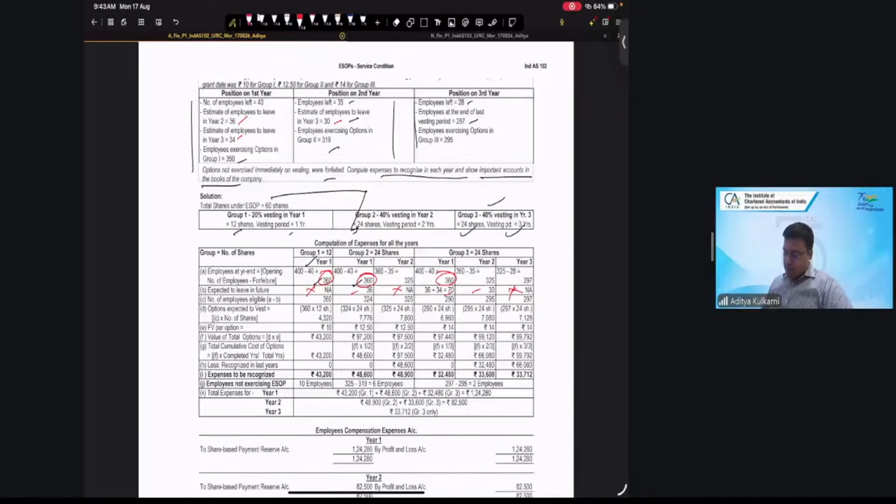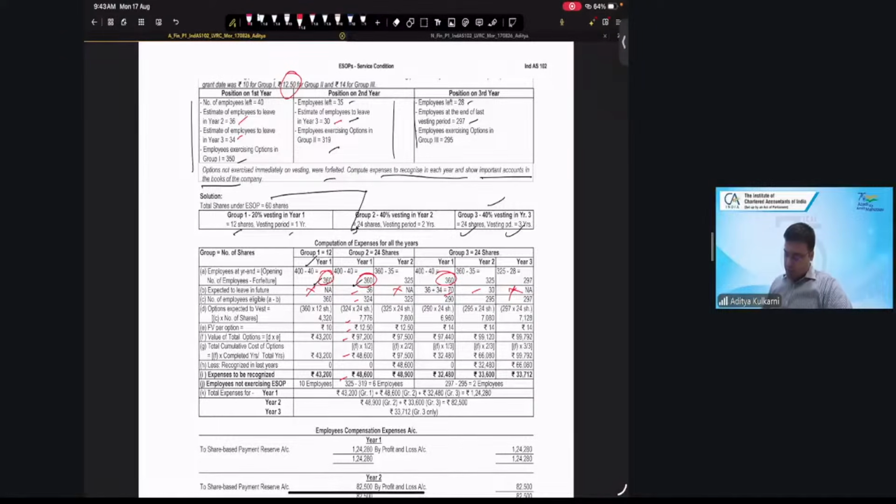Next, group 2, 360, another 36 expected to leave in year 2, so 324 into 24, 7,776 into 12.5, that is the fair value, 97,200 for cumulative. So divided by 2, 48,600 will be group 2 year 1, 48,600.